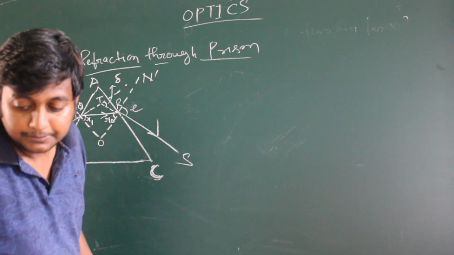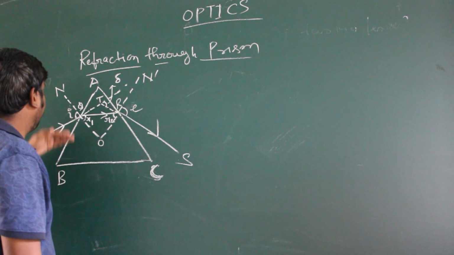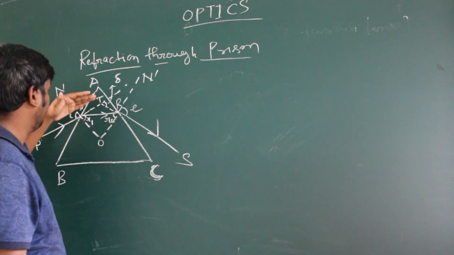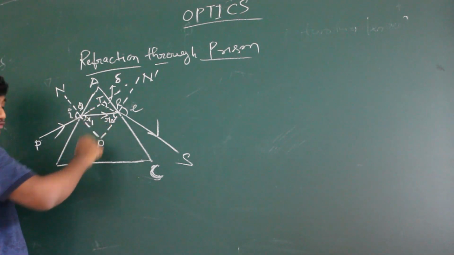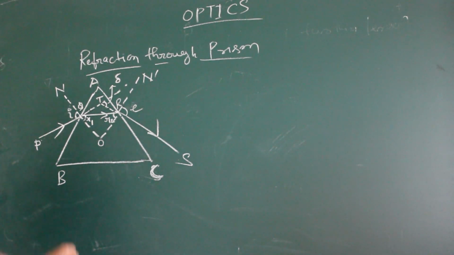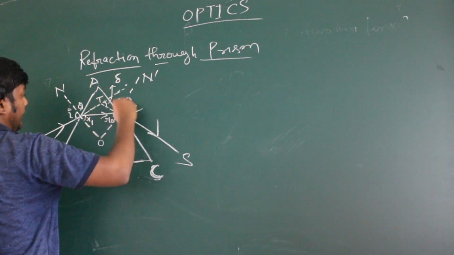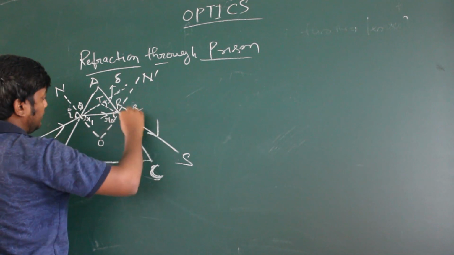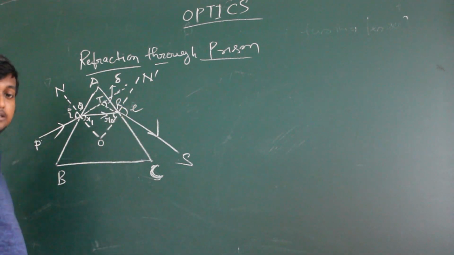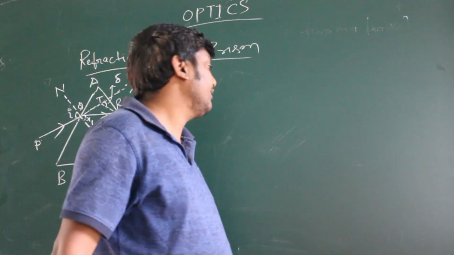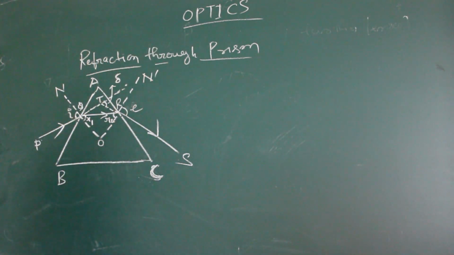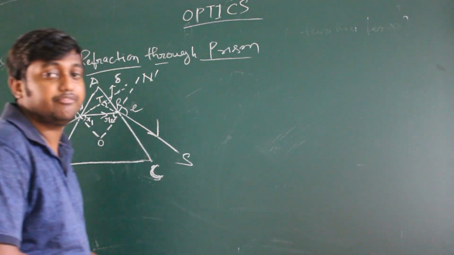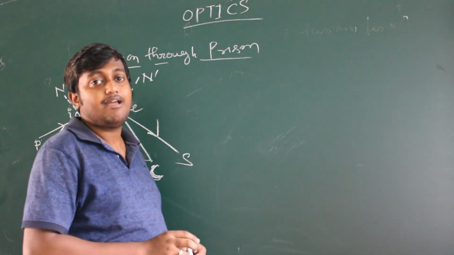Now see these two rays. Okay, this is the incident ray. If we extend this incident ray in here, and if we extend the emergent ray, then the angle between the incident ray and the emergent ray is called the angle of deviation.